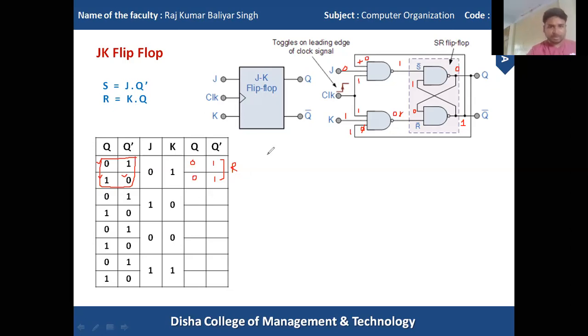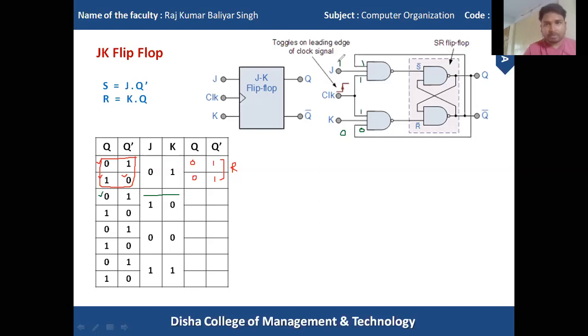Then again we do some modification. Next we take j equals 1 and k equals 0. So I'm taking this combination of input values. Again consider that q equals 0 and q naught equals 1, and for both cases the clock is high, so the clock must be 1 here.